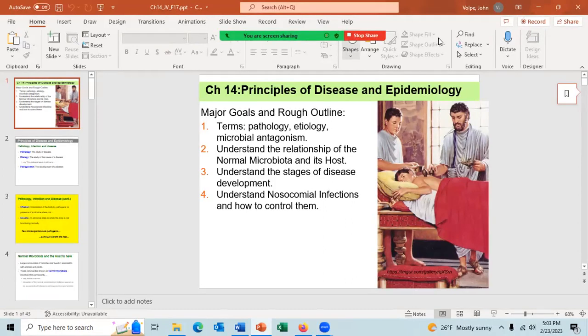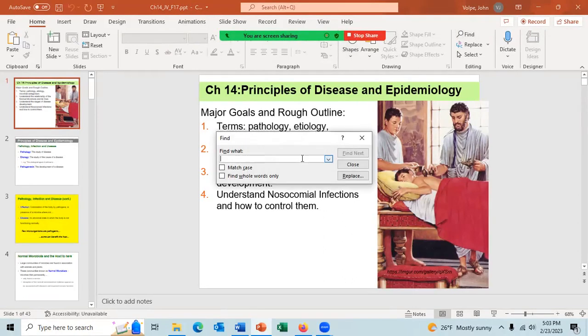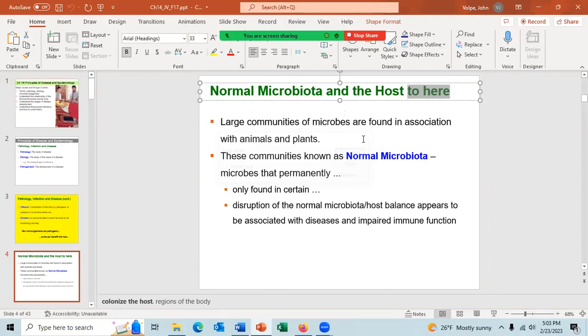Let's see if I have two here. Yeah, we talked about 4 slides, exactly as you stated. So we talked about the normal microbiota and the host, and how all animals and plants have microbes living with them.